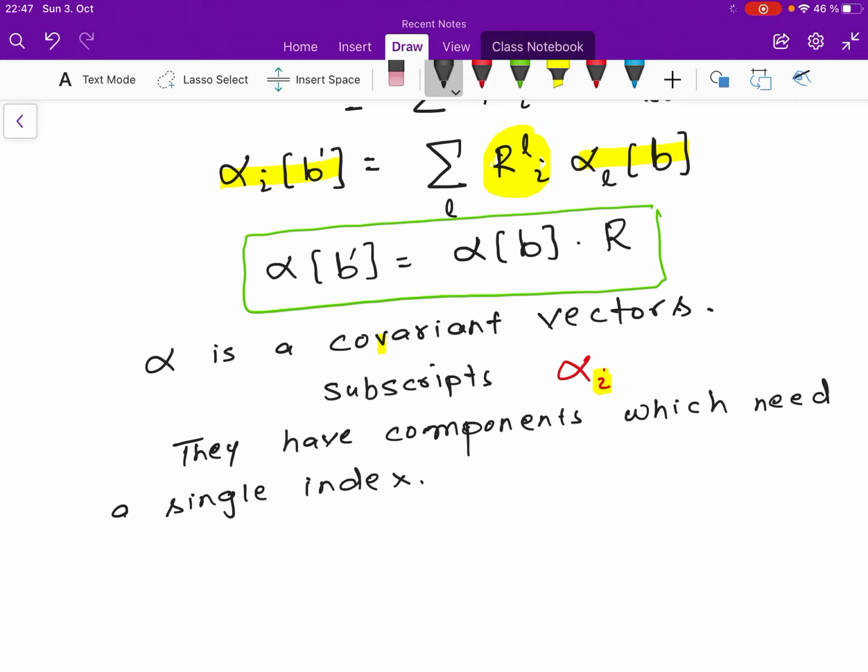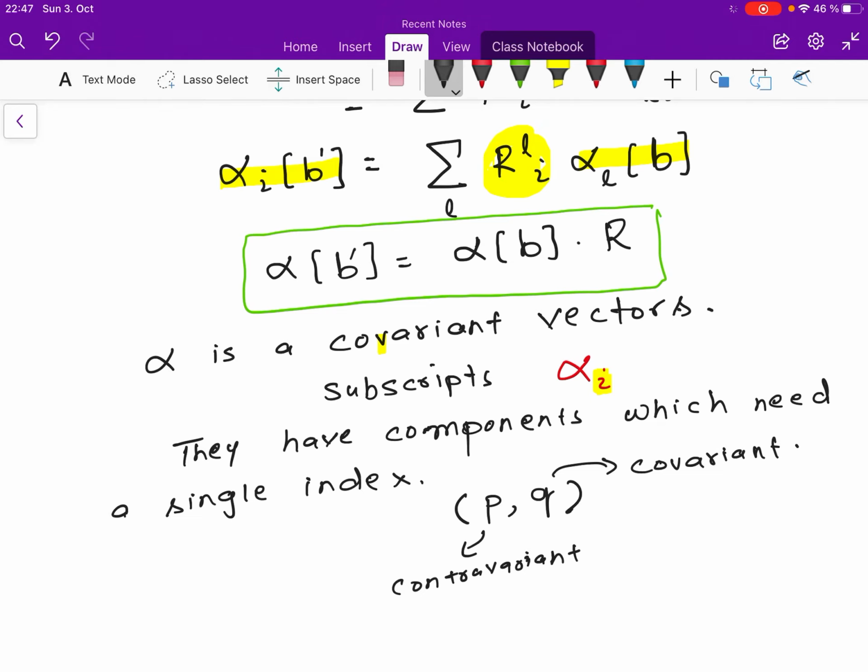So we call such vectors, or we can also call them tensors, and the notation for these types of tensors is this (p, q). The first one is for contravariant, and the second one is for covariant.